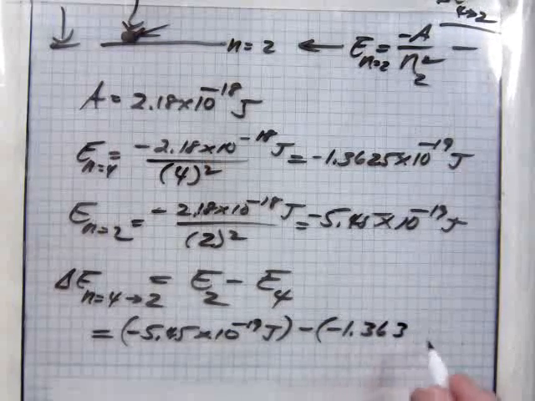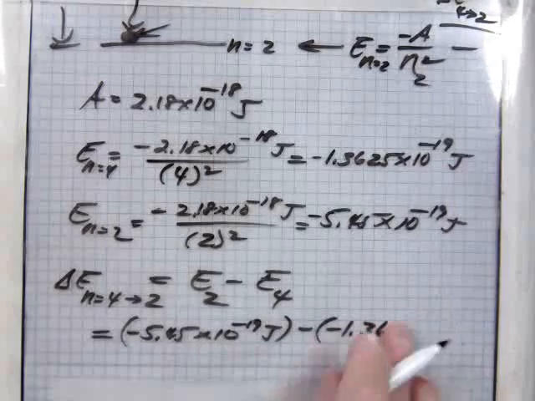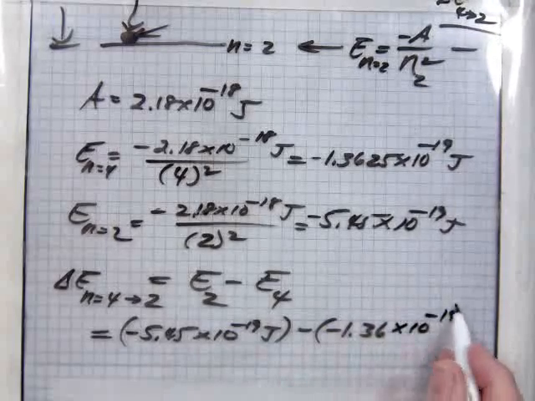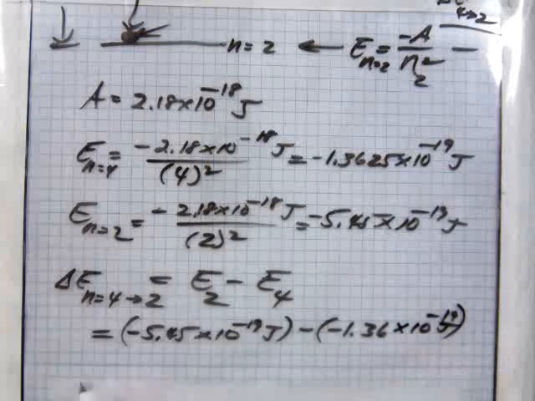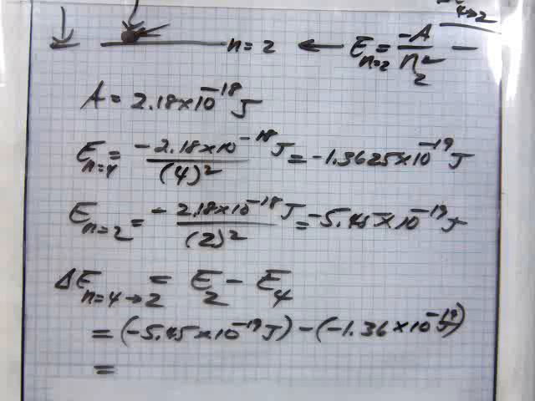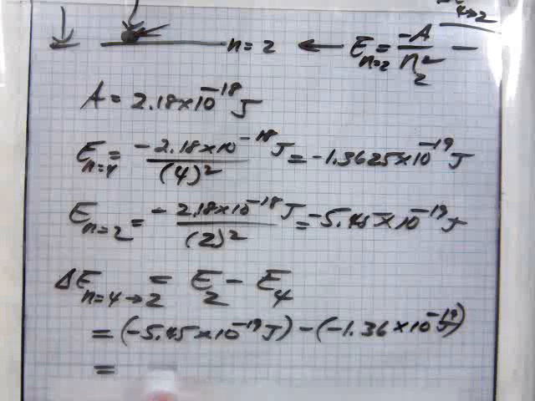I'll just stop it at 2 digits, times 10 to the minus 19 of a joule. And so let's see what our transition looks like. Negative plus 1.36 times 10 to the minus 19, missing one. I got 4.09, should be 3.03.